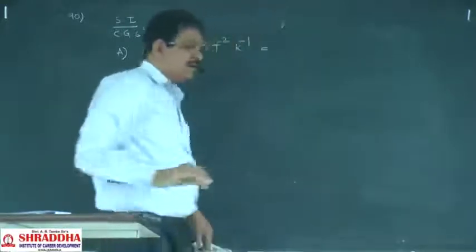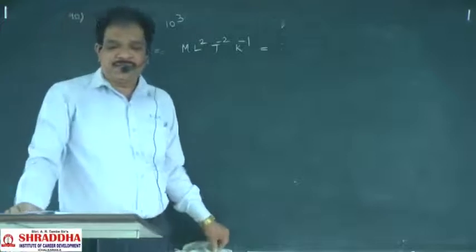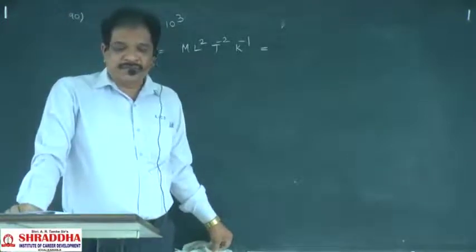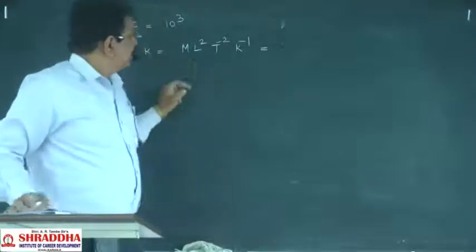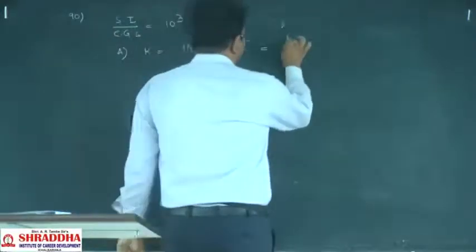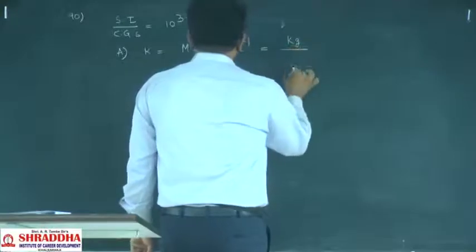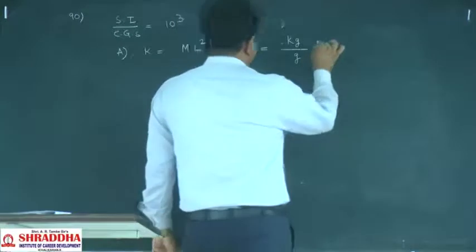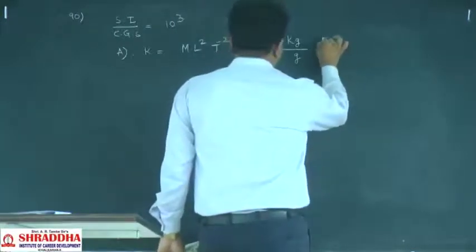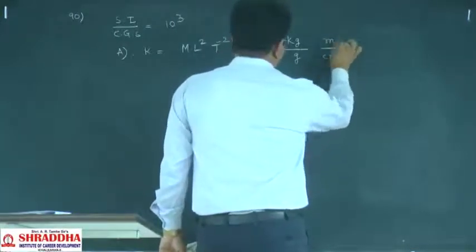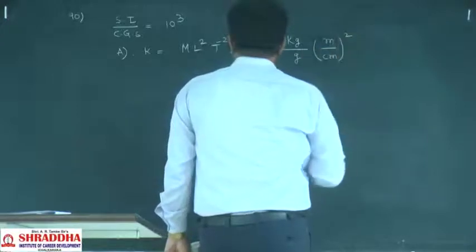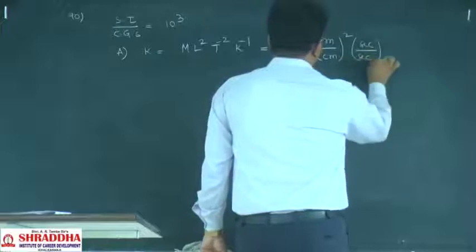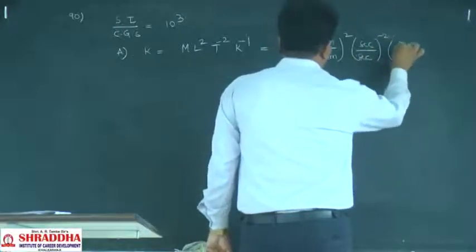CGS unit and SI unit. If you take Boltzmann constant, this is kg, this will be gram, this is gram meter, this will be centimeter whole square, this is second power minus 2.